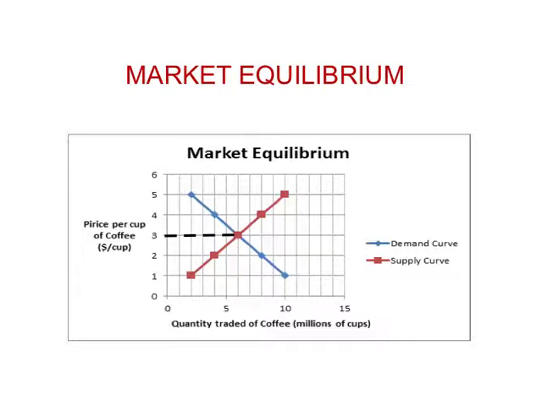You bring this point to the horizontal axis, and you have determined what will be quantity traded, and that too at equilibrium. So let us call price at equilibrium as PE and quantity traded at equilibrium as QE. And so once the market is at equilibrium, there's no reason for prices to change.